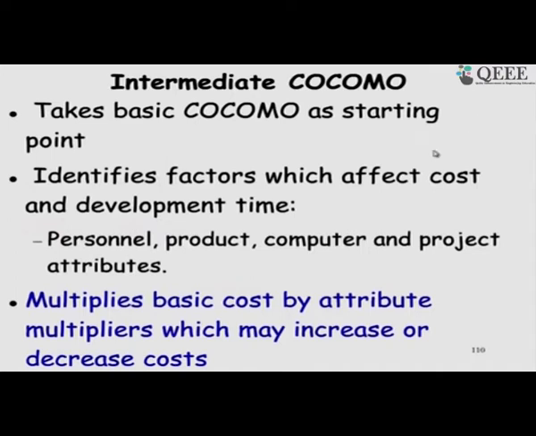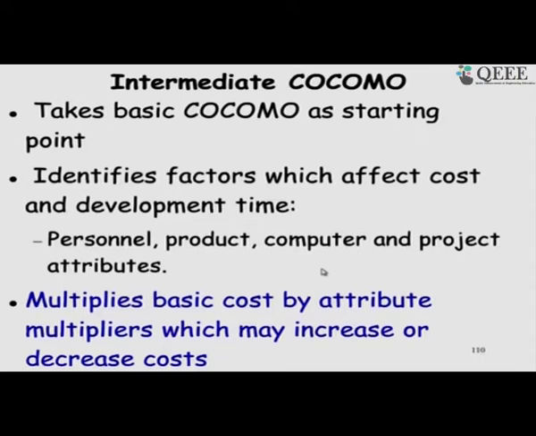Now, once the basic COCOMO results are available, that gives a rough indication, and we have to adjust the value by considering several factors of the project called cost drivers, and multiply those, a simple multiplication for each of those attributes.